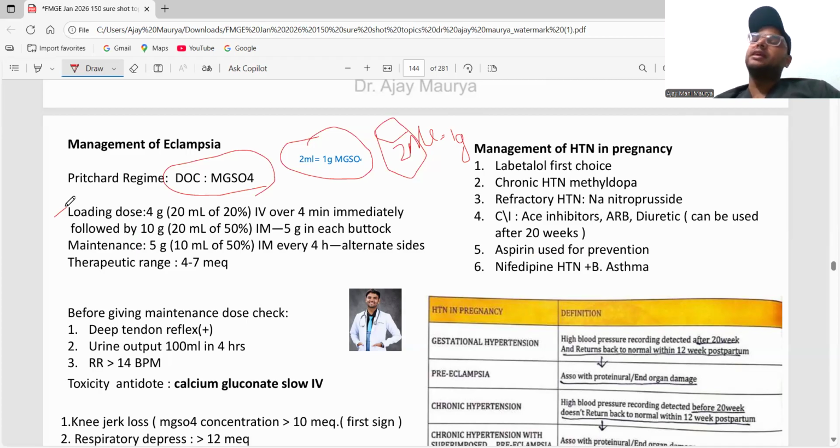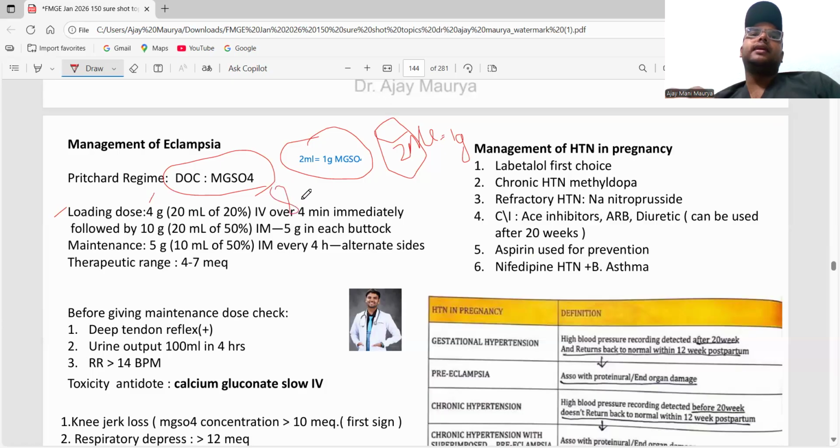It means when there is eclampsia, first of all you have to dilute the MgSO4, magnesium sulfate. The loading dose is 4 grams. If you want 4 grams, how many ampoules do you require? Since each 2 ml ampoule has only 1 gram, you need 4 ampoules, which totals 8 ml.